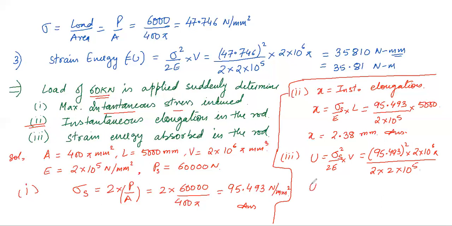So the value of U comes as 143,238 Newton mm, which is 143.238 Newton meter.